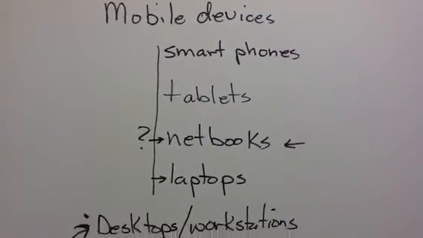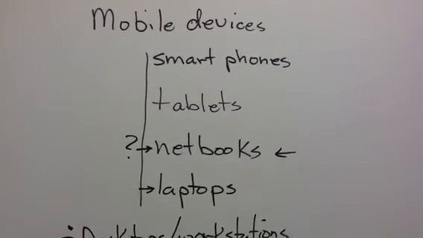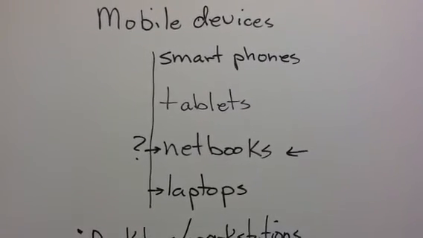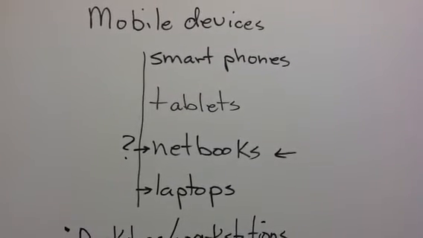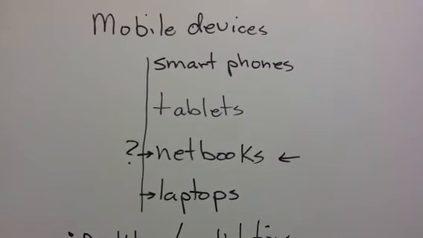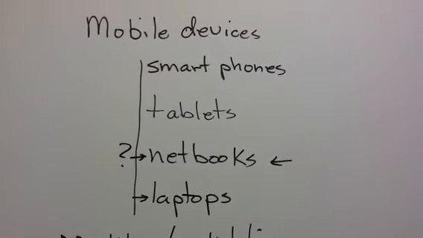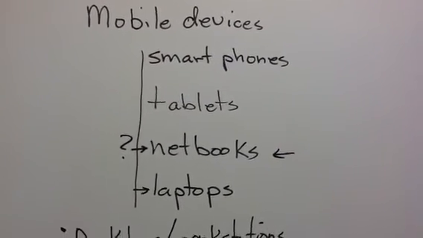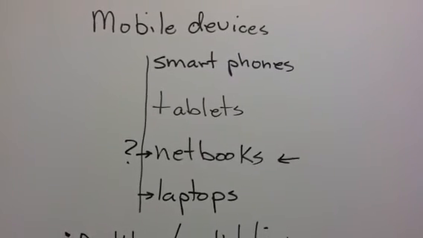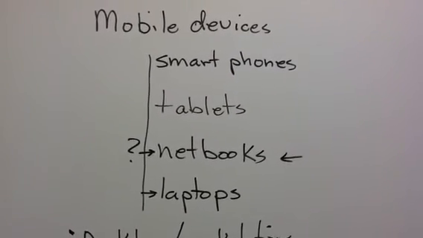We talked about mobile devices, smartphones, tablets, netbooks. I put a question mark there. Netbooks. They're like laptops. They have keyboards. They have a small amount of memory. Usually not a real fast processor. They're designed cheaply for people who just want to connect to the internet.